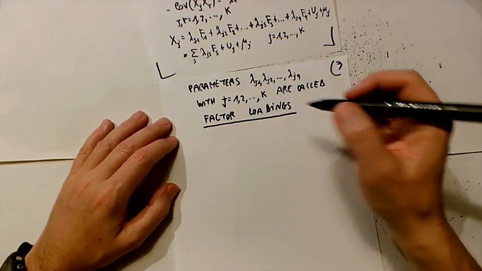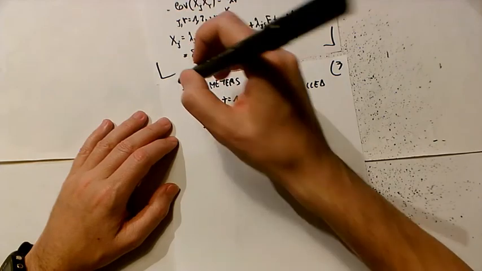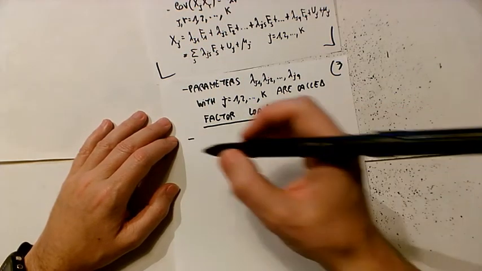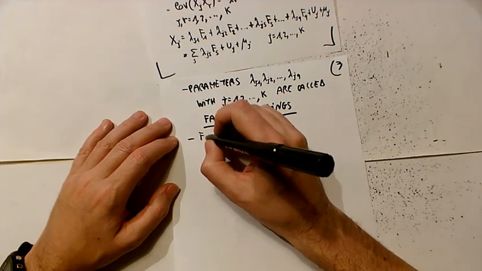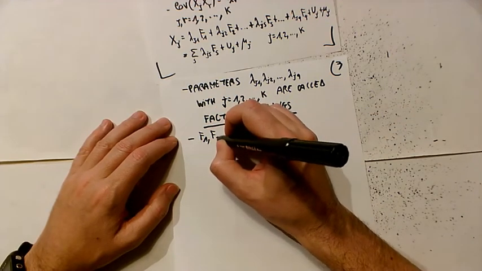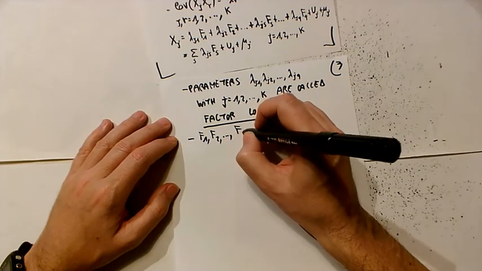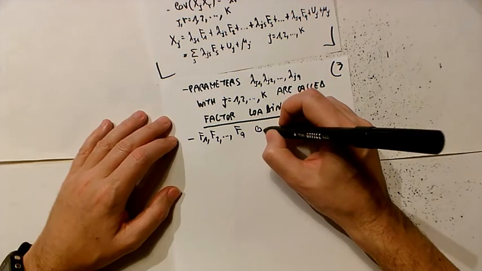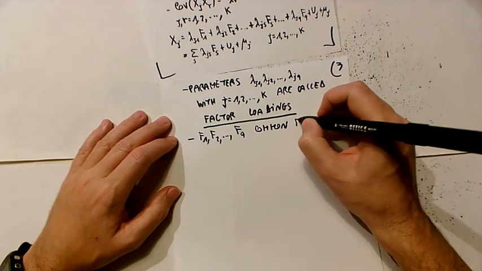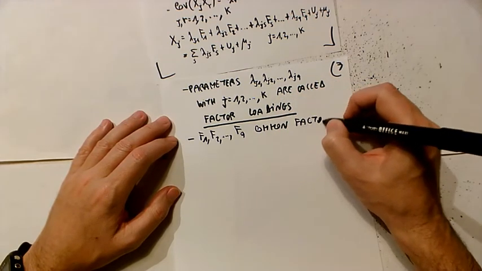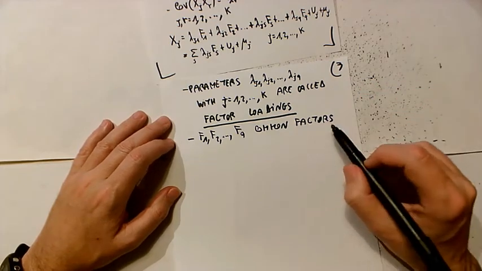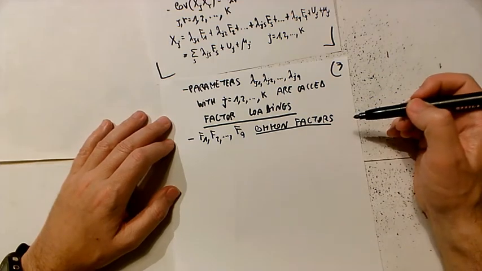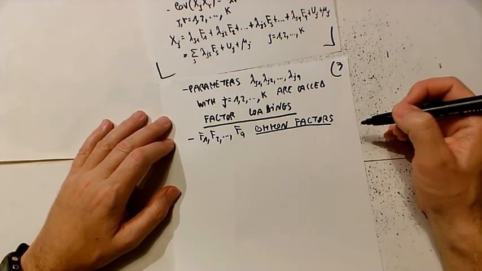The new variables f1, f2, fq are called common factors, or simply factors. Specifically common factors.